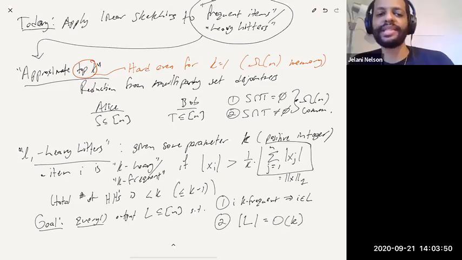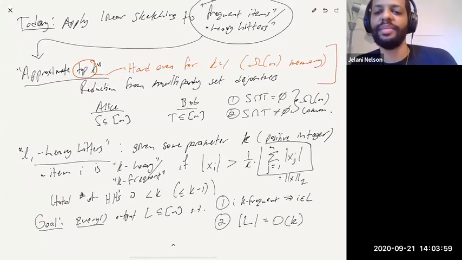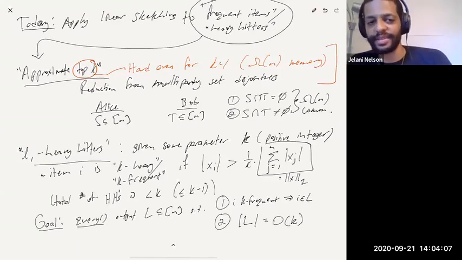Well, what you're saying is the actual top k problem, which is: find me the top k items. Unfortunately, that's not a solvable problem in low memory because there's a reduction from set disjointness.